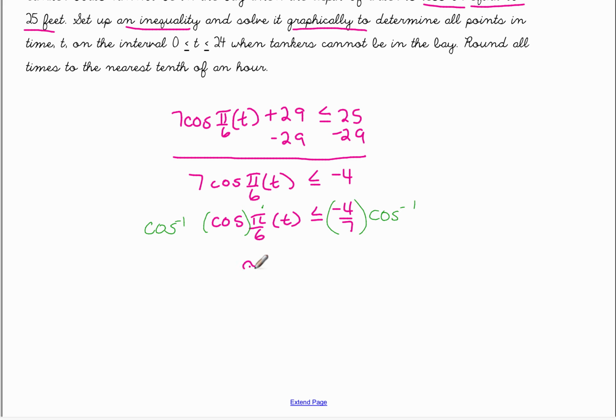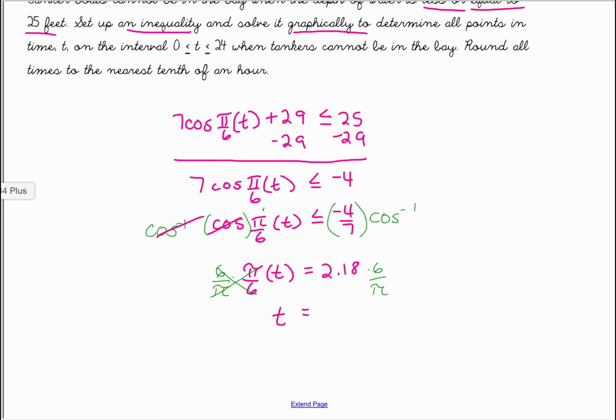So pi over 6 times t equals 2.18. Remember, this and this just crossed off. I still have to find t here, which means I'll do the inverse operation over here. I'll multiply by 6 over pi. These will cross off, and I'm going to be left with finally what t equals.